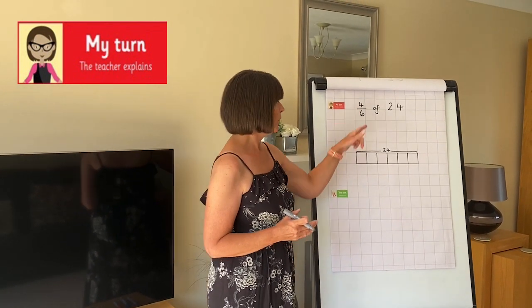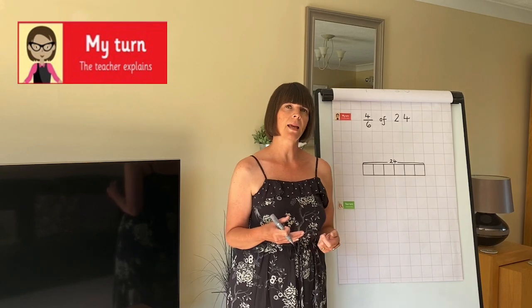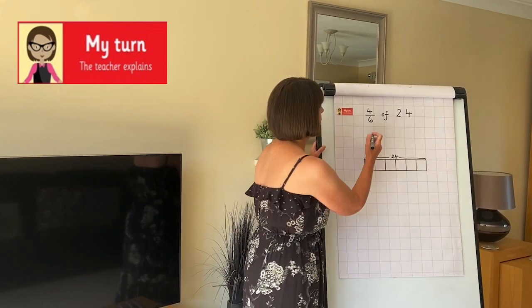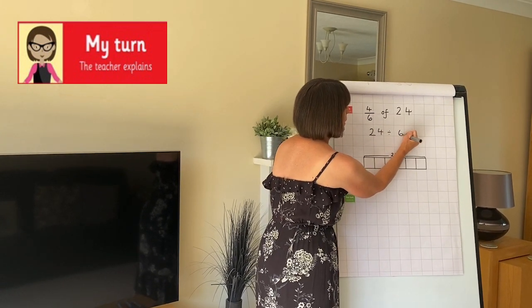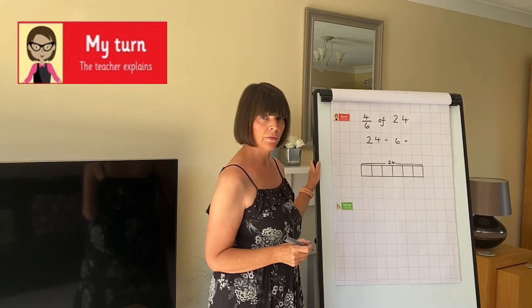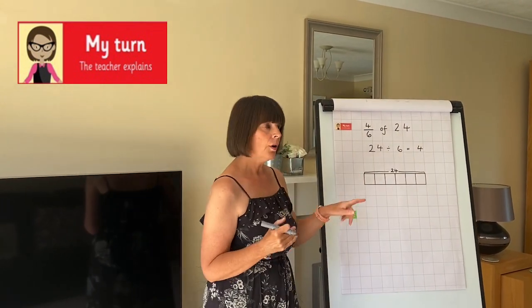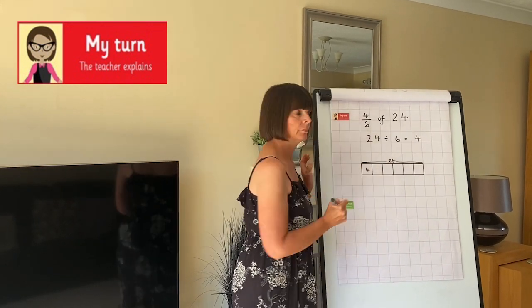Now, to work out 4/6, I need to work out 1/6 first. Well, we did that earlier in the lesson. So I'm going to work out 1/6 of 24 by using a calculation, 24 divided by 6. 24 divided by 6 is 4. So I now know that 1/6 is 4.